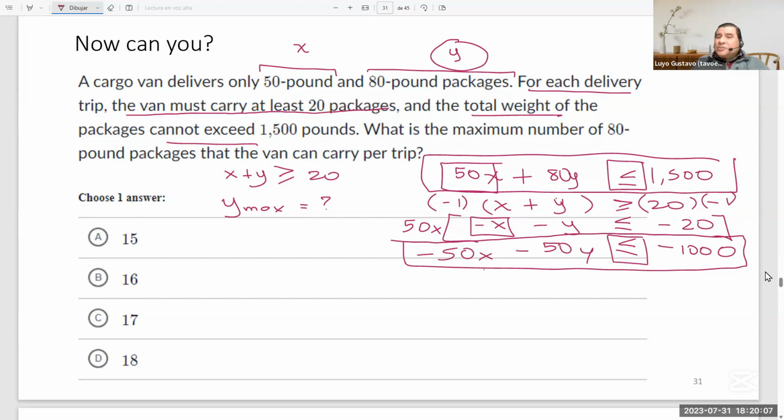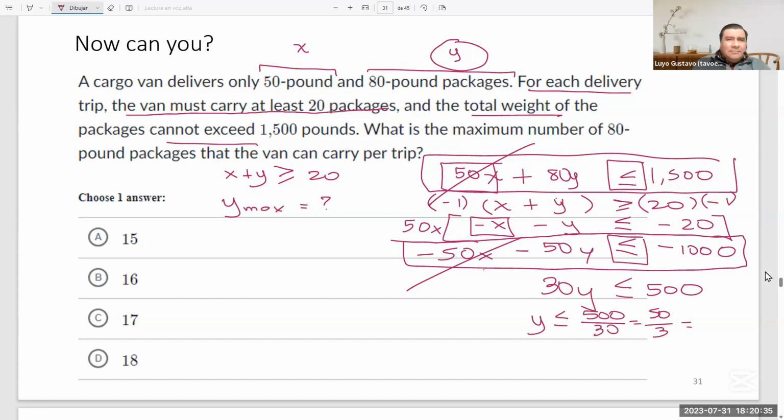Yes, this strategic sum will eliminate variable X and will get me 80Y minus 50Y, 30Y, less than or equal to 500. Finally, what I get is this: Y is less than or equal to 500 over 30, which is the same as 50 over 3, which is the same as 16.6 something, right?